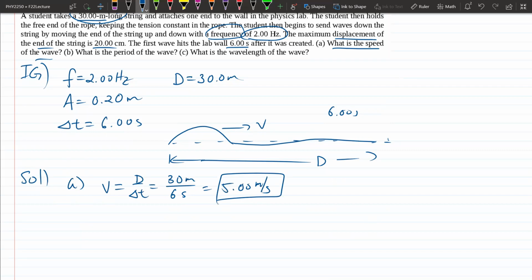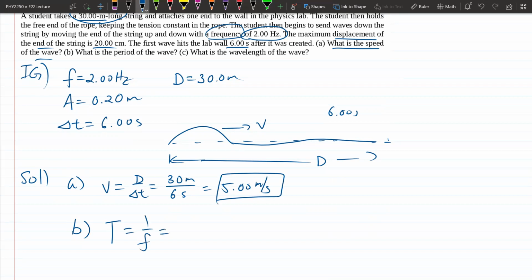What about the period of the wave? This big capital T, how do we calculate the period with the stuff that's given up here? Which one will be the most useful? The frequency, right? Because 1 over the frequency gives you the period, exactly.